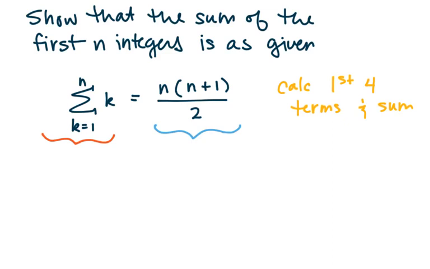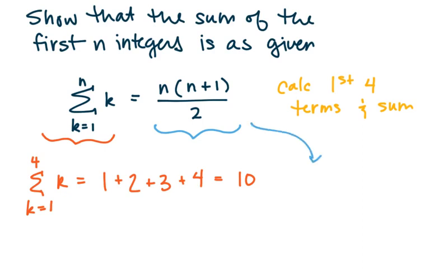So if I were to list out my terms here, if I were to do, say, the sum from k equals 1 to 4 of k, that would give me 1 plus 2 plus 3 plus 4. And what that equals is 10.